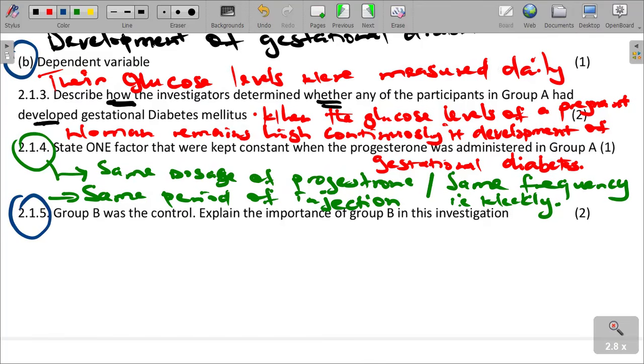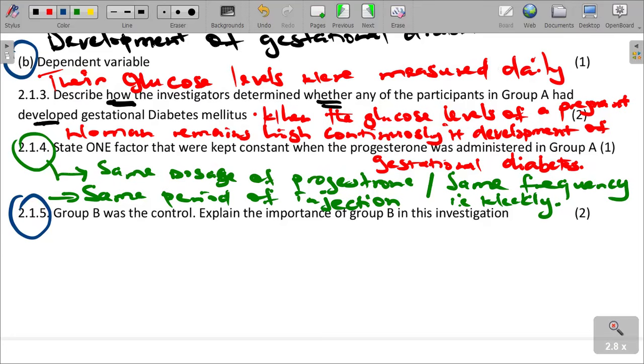2.15: group B was the control. Explain the importance of control in this investigation. The control is not manipulated, nothing is changed. It helps to evaluate the correctness of the investigation.